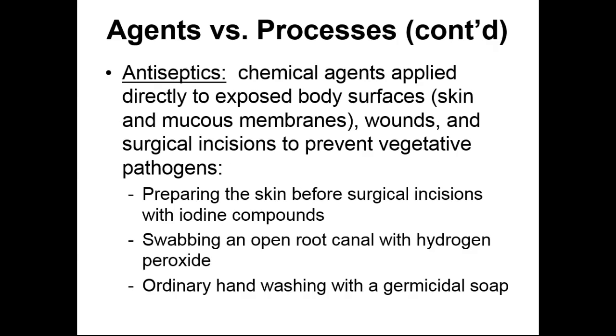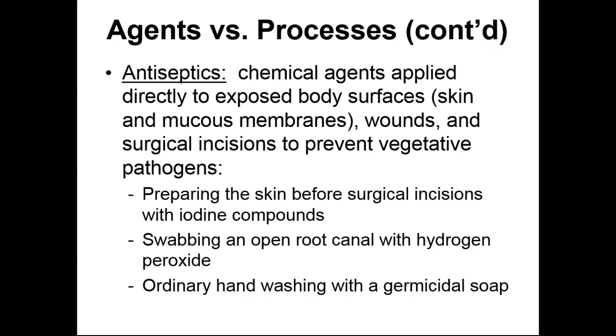An antiseptic chemical is a chemical that we can apply directly to the skin or mucous membranes. These antiseptic chemicals, generally speaking, are going to be relatively mild. And I say relatively mild because I'm comparing them to the chemicals that are used for decontamination and sanitation.